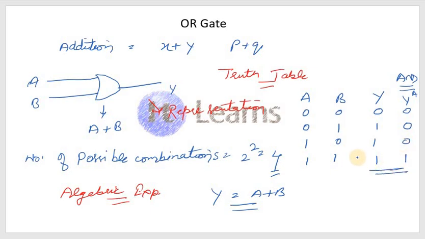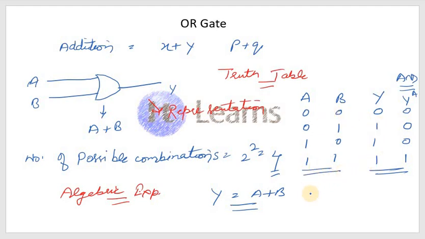In an OR gate, we'll be getting an output if either of the inputs has a value 1, whereas in an AND gate you will be getting an output only if both the inputs have a value 1.